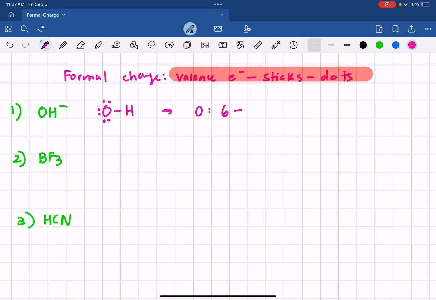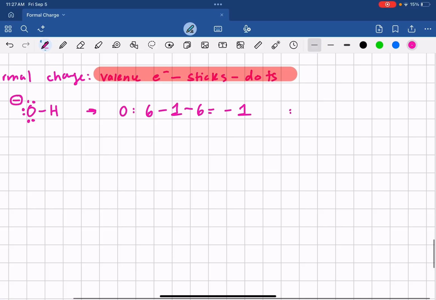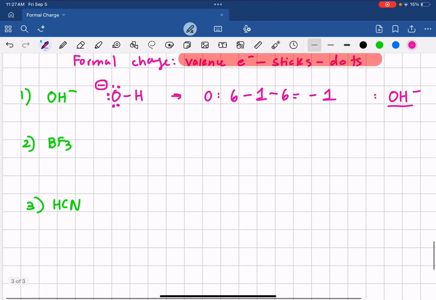It only has 1 stick, minus 6 dots. 1, 2, 3, 4, 5, 6. 6 dots gives me a charge of -1. So oxygen has a charge of -1, which is why we notate it as OH minus.